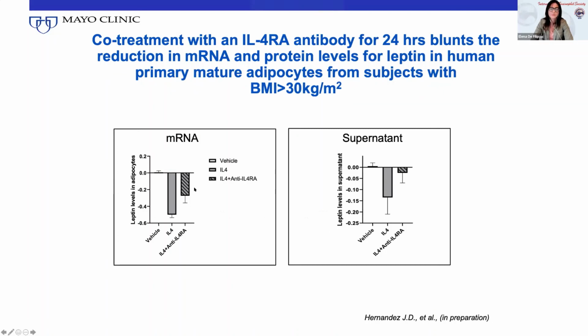And what we observed is that in the adipocytes, looking at mRNA, there was a significant decrease in leptin mRNA level when only interleukin-4 was used, but when we treated the cells also with the antibody, such an effect was actually blunted. And this was not only at the level of the mRNA, but also at the level of the protein released in the supernatant.